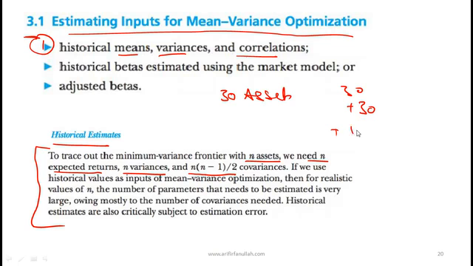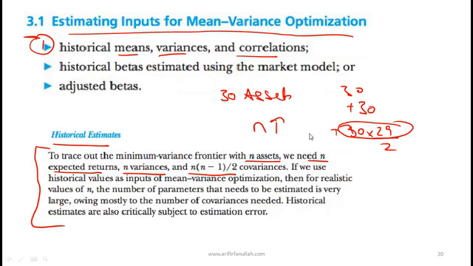You have n, which is 30, multiplied by 29, divided by 2. So this is a squared term, and the point is that as n goes up, the number of inputs that you need to estimate goes up a lot. Okay, will that make life difficult?